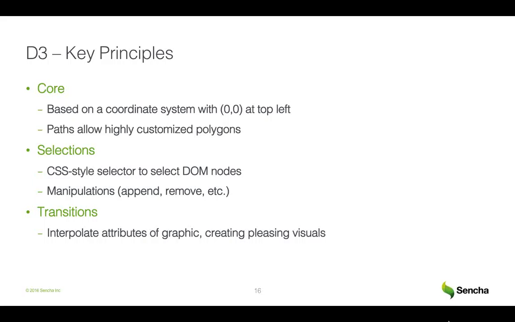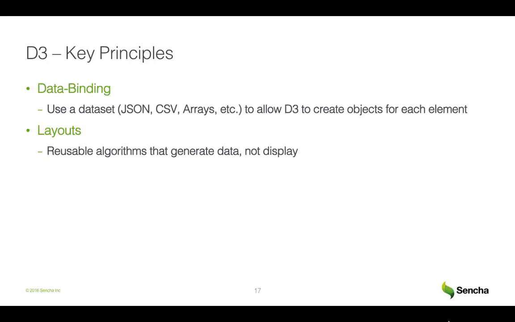The library also provides a selection of DOM nodes, which is much like your CSS selectors in any HTML5 or JavaScript framework. And it also allows you to manipulate and use transitions, append nodes or remove nodes, or even interpolate attributes in the graphics that you're trying to create.